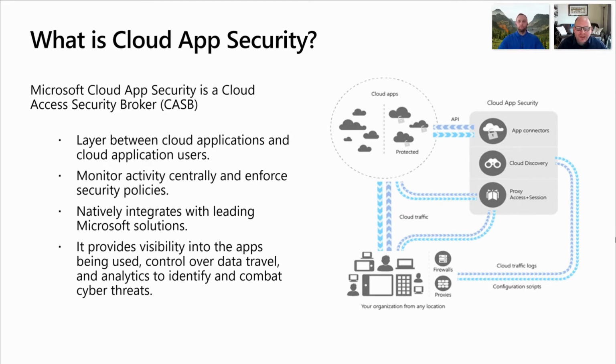The app connectors use APIs of ours and app providers to give that visibility and control by that Cloud App Security layer. And then we do have conditional access app control, which provides that protection in real time, and visibility and control over access and activities within those cloud apps.